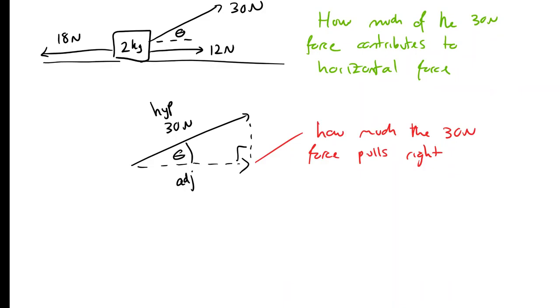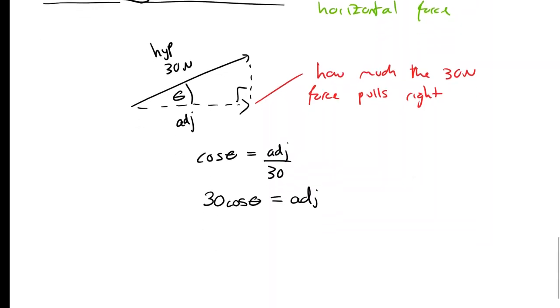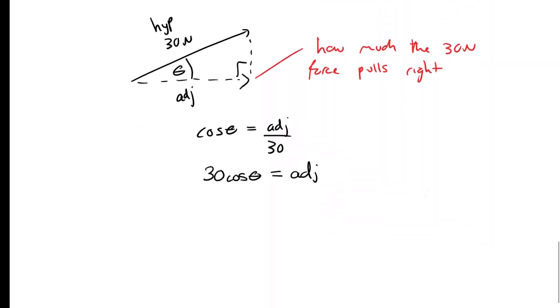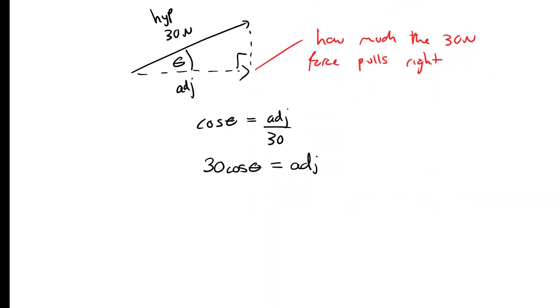And if we're dealing with adjacent and hypotenuse, we're using cos. So cos theta equals the adjacent over 30, adjacent over hypotenuse. 30 cos theta is equal to the adjacent. We can now see the effect of the 30 Newton force horizontally.